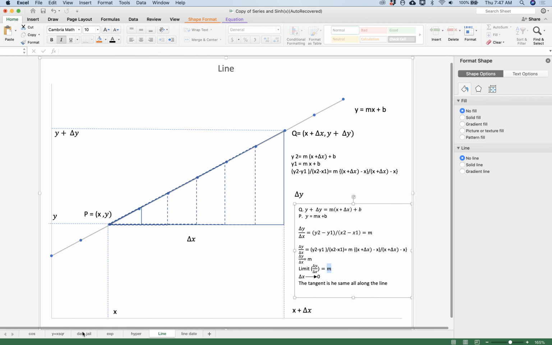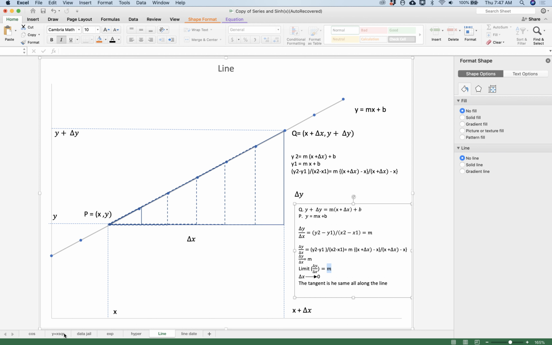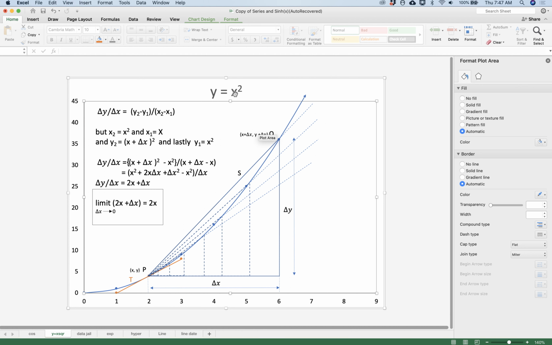Here, in this other situation, we have a curve that changes. As you move along the x-axis, we have varying values of x. We don't have, like a line, a constant result.